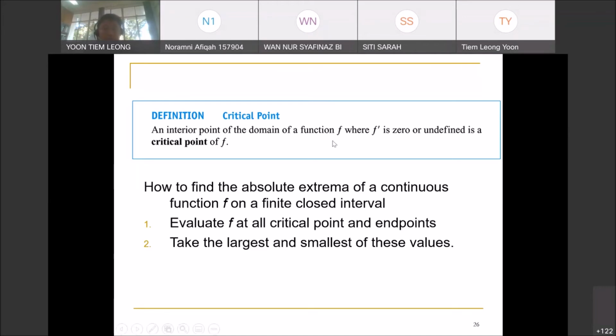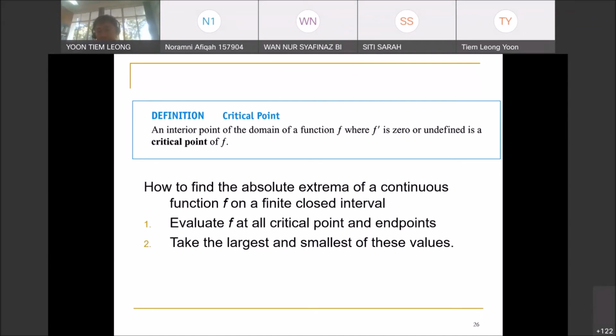Here we want to learn the definition of a critical point so that we can use it to help us locate the absolute maximum or absolute minimum of a function within a domain. So this is what the definition of a critical point is for. A critical point is defined as a point where the derivative is 0 or undefined.